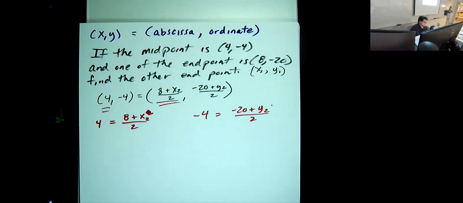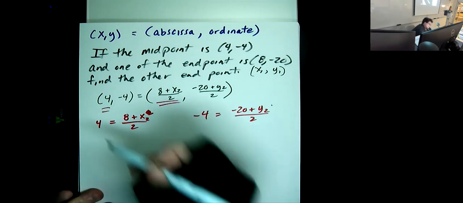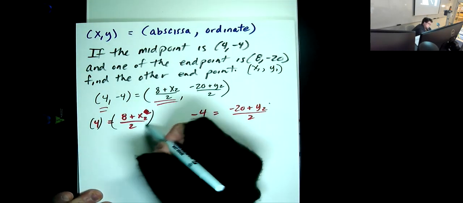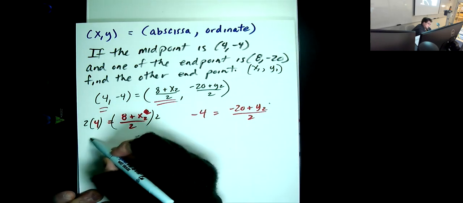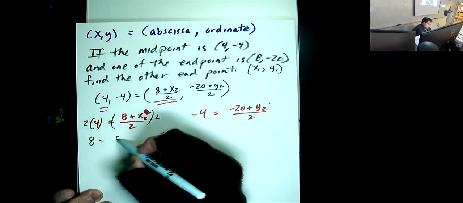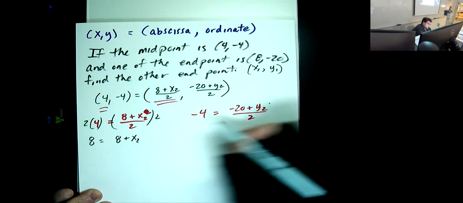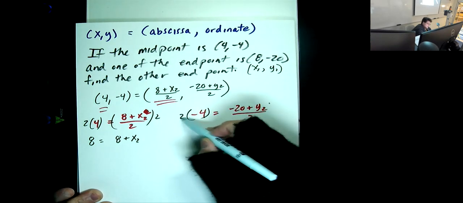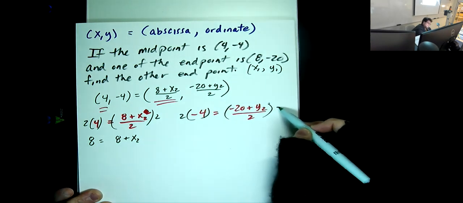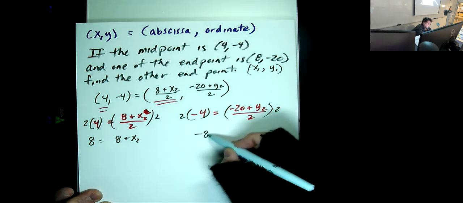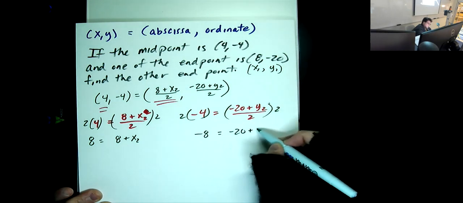I hate using fractions. I think the easiest thing to do is just multiply both sides by 2. I get 8 on the left and 8 plus x2 on the right. If I do it on this equation, I get negative 8 on the left and negative 20 plus y2 on the right.